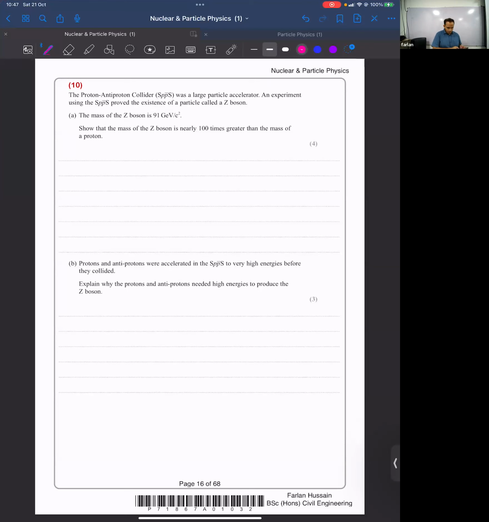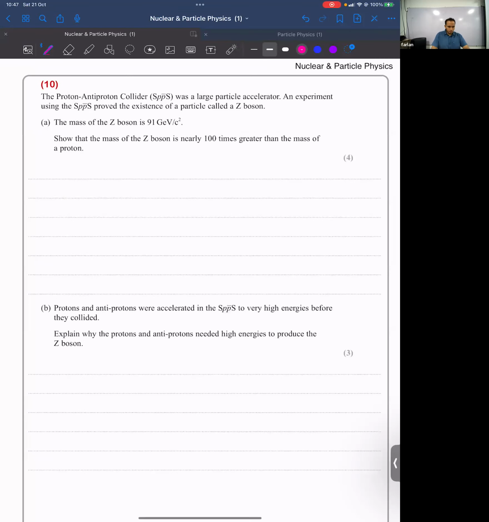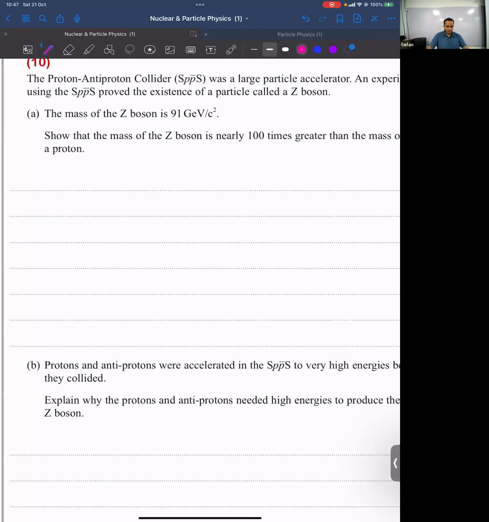Right, guys. Question number 10. The proton and antiproton collider was a large particle accelerator.